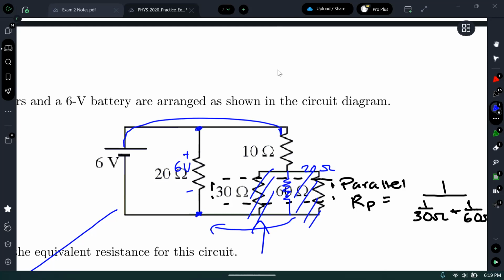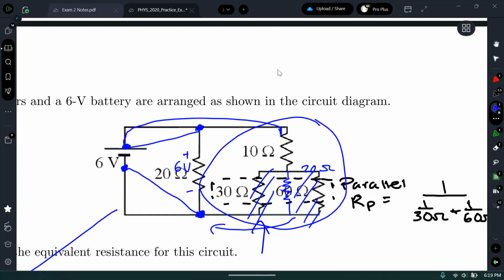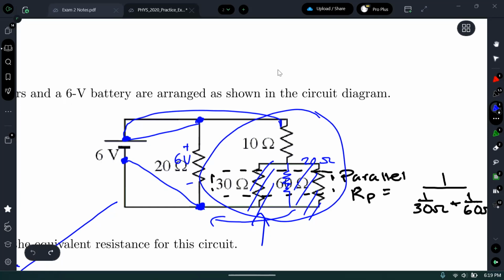And since this point is, aside from wire connecting them, the same as this point right here, and this point is the same as this point right here, there are no resistors in between. And so that 20 ohm resistor has to have the same voltage across it as the battery. And then these all together have to have the same voltage across it. Okay, that makes a little more sense.